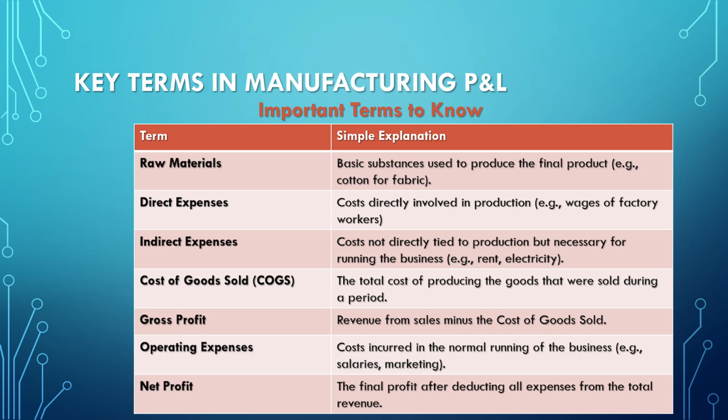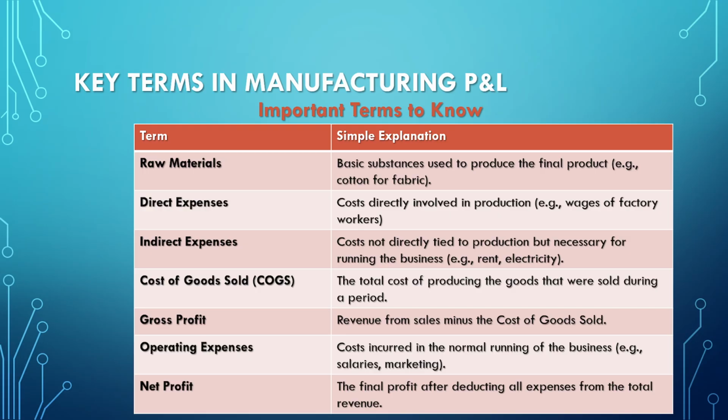Examples could be rent, salaries of marketing executives, advertisements. These will all fall under indirect expenses. So indirect expenses are costs that are not directly tied to production, but they are necessary to run the business.